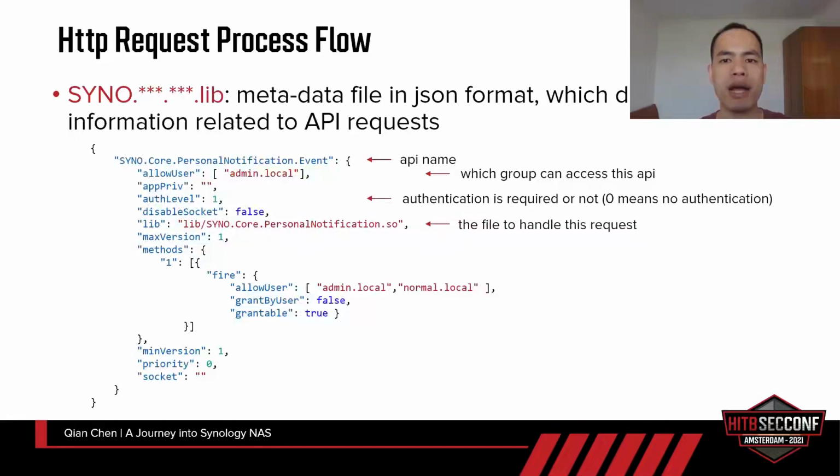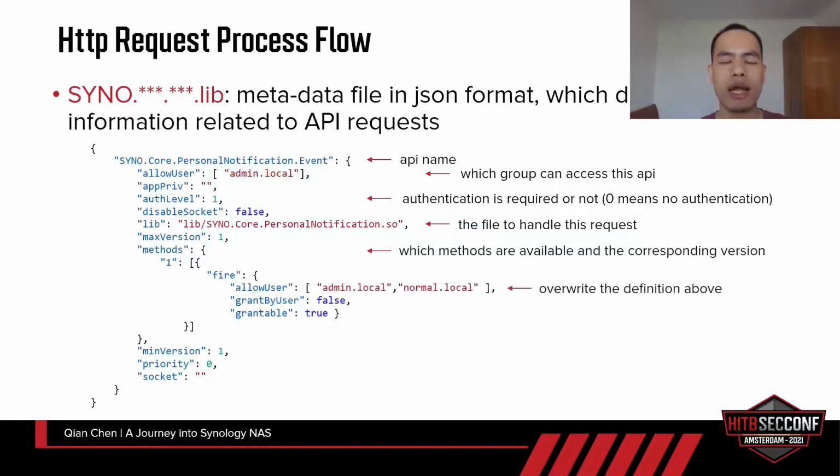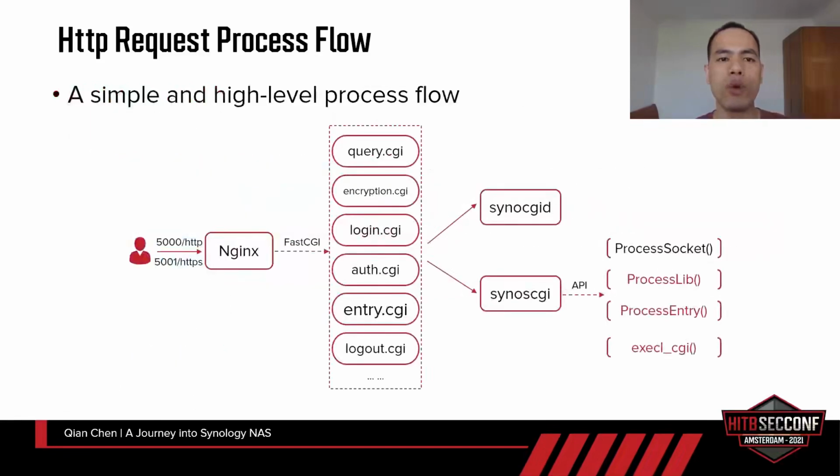The message part contains the version number and the methods supported by this API. Also, the allow user field can be redefined in each method. So far, we know how to make a specific request to reach the target backend.